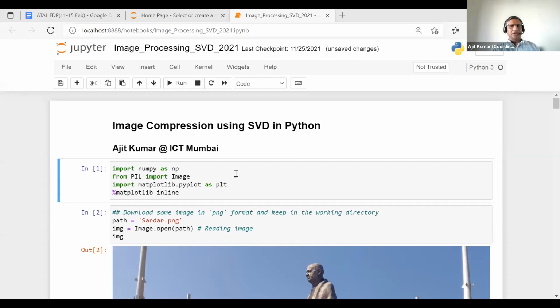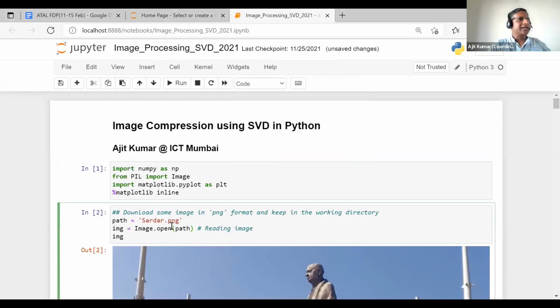Let me share this. In that folder there is an image called sardar.png. It's a PNG file of the Statue of Unity, the statue of Sardar Vallabhbhai Patel.